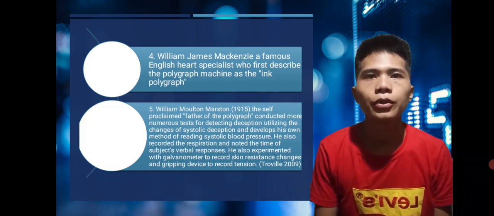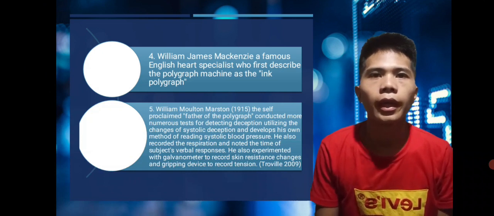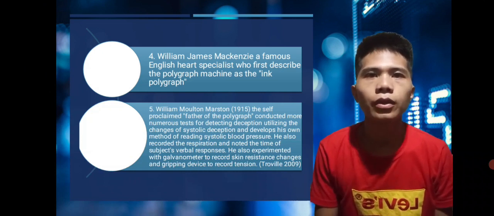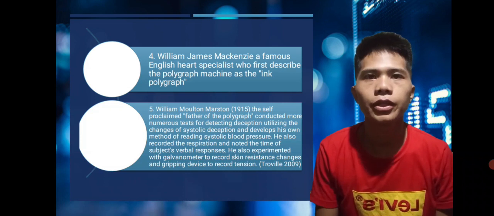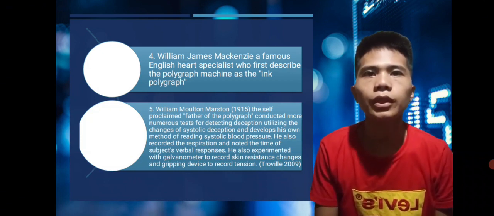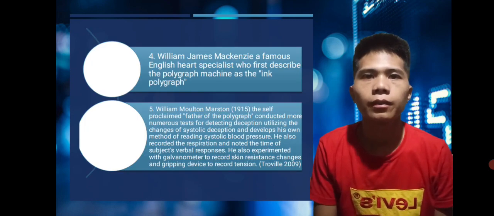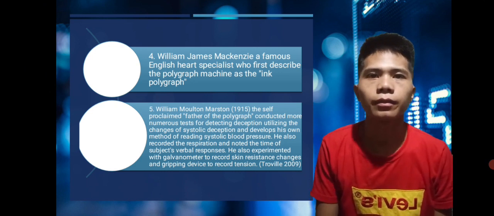He conducted numerous tests for detecting deception utilizing changes of systolic blood pressure and developed his own method of reading systolic blood pressure. He also recorded the respiration and noted the time of the subject's verbal responses. He also experimented with a galvanometer to record skin resistance changes and a gripping device to record tension.